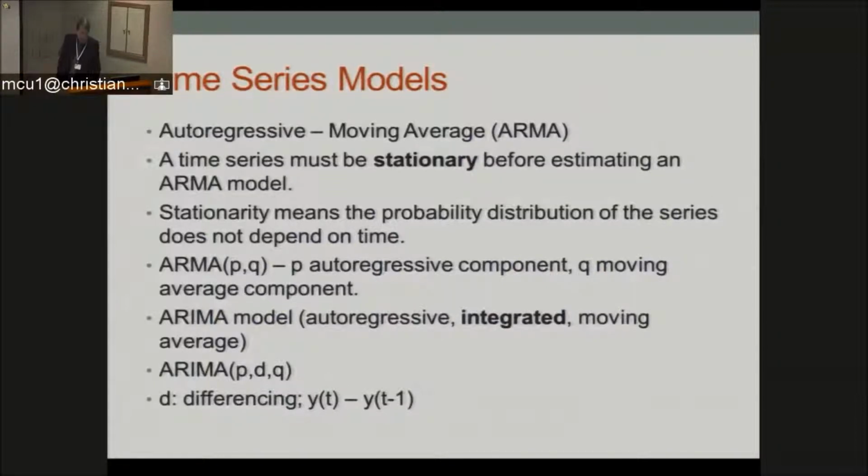Take time t and subtract the time before from it. That takes out trends and cycles. The two most important components in our model are the autoregressive correlation between time points, and the smoothing with the moving average.